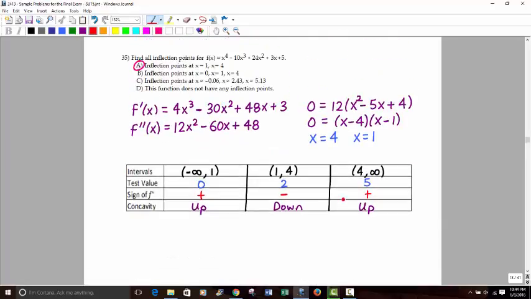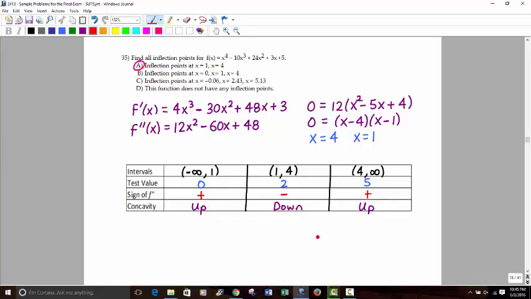I guess I didn't show it on a calculator or anything, but you can look in my notes and see how it's done. I would have put those numbers into the second derivative, or the factored form also, and I get plus, minus, plus. So concavity goes up, down, up.